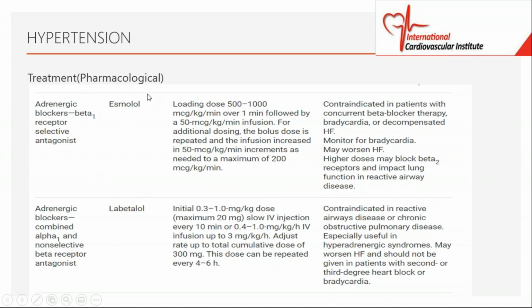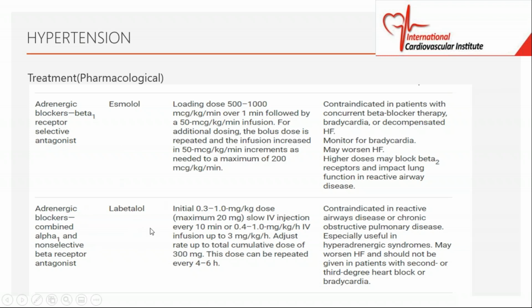Esmolol. This is a beta blocker, a beta 1 receptor blocker. We use it a lot in patients who have dissection. So you can use it in patients who you think have an aortic dissection. However, be careful, you don't want to use it if the patient has bradycardia or heart failure.